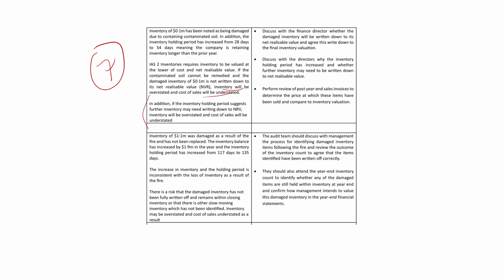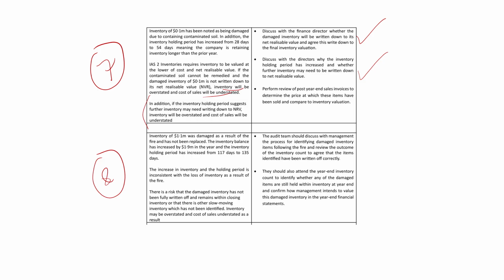This is also supported by the fact that the holding period has gone up, which means that this might need to be written down. I'm going to ask the management whether it is going to be written down. I'm going to ask them why the holding period has gone up and whether they have recorded the impact on the estimated selling price. So that's my plan.